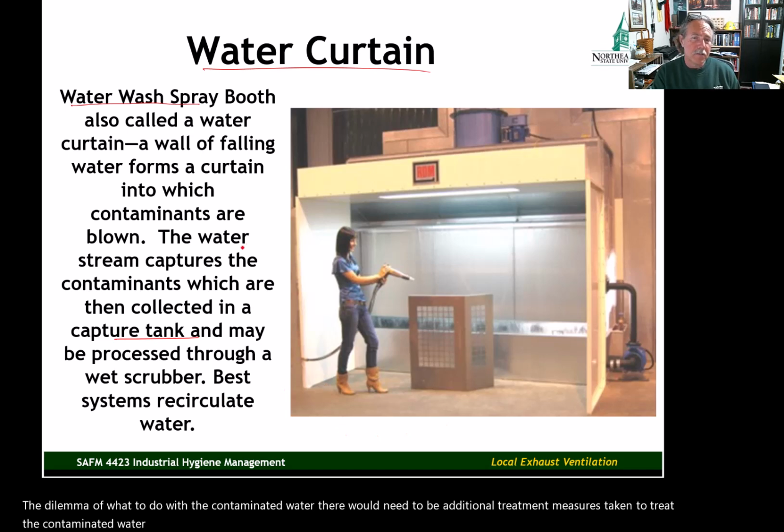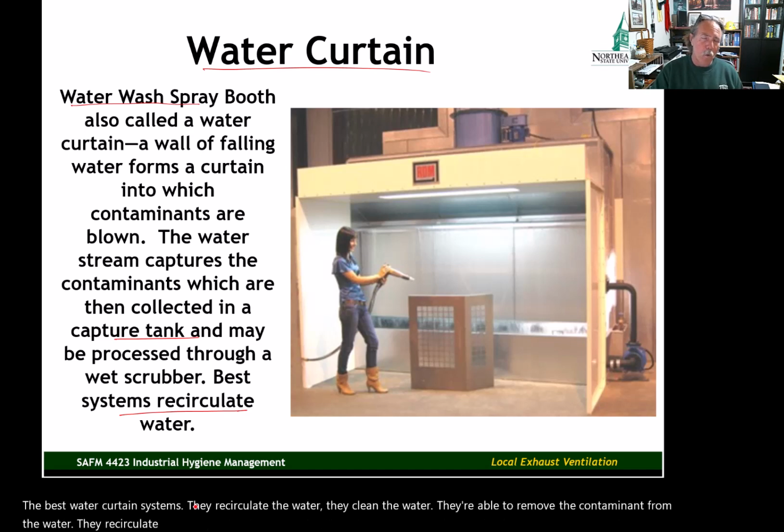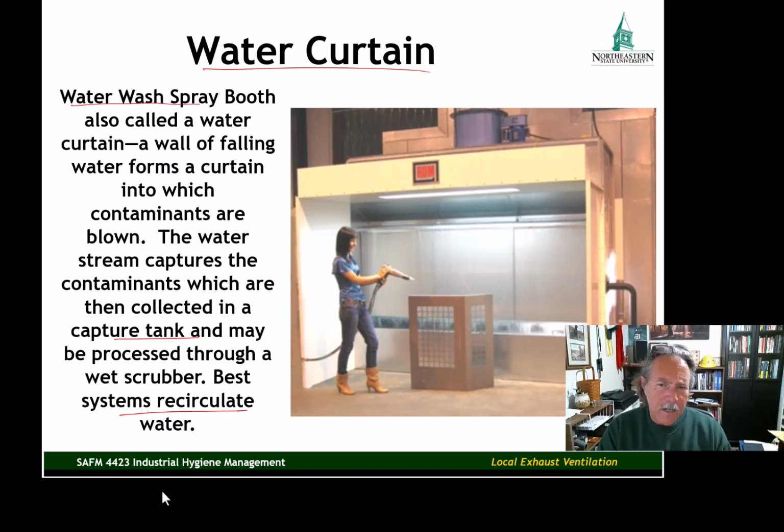The best water curtain systems recirculate the water. They clean the water. They're able to remove the contaminant from the water. They recirculate the water, and the water's not going into the local sewer system.